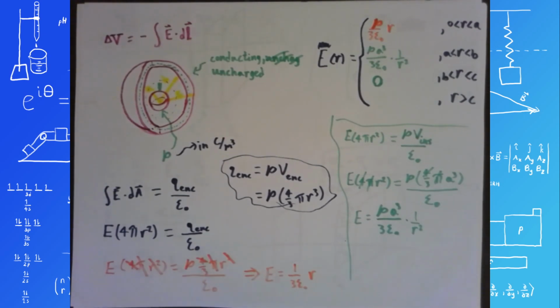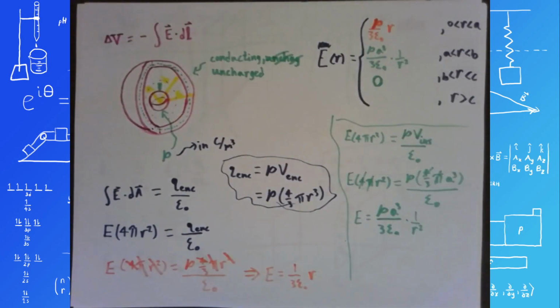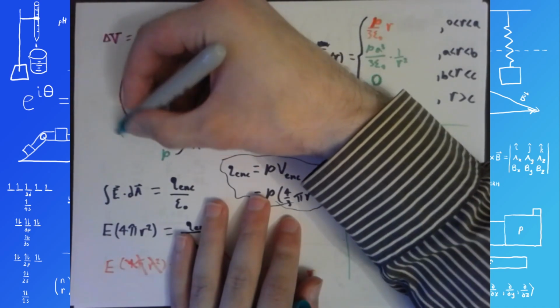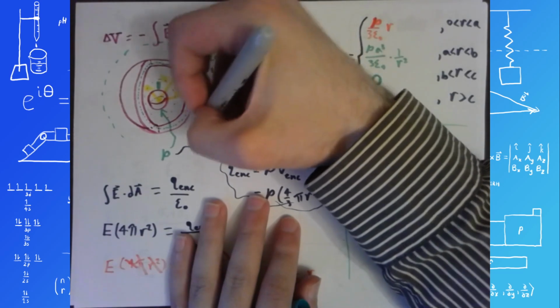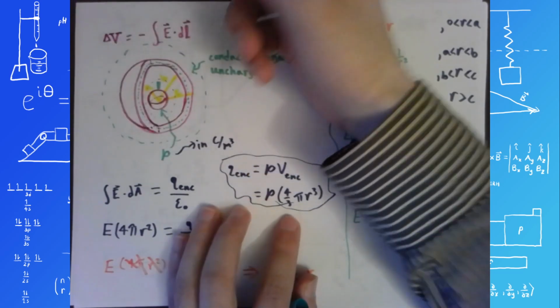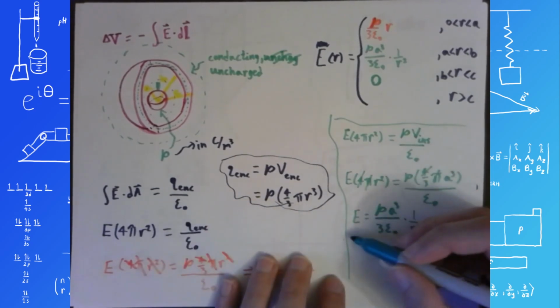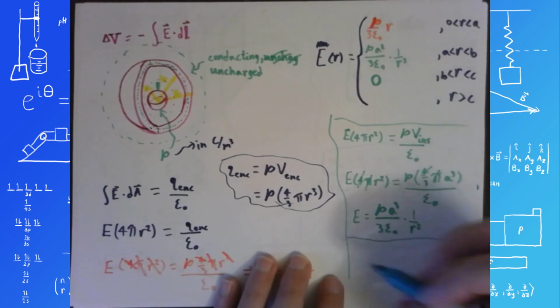And then finally, if we look outside of the conductor, if I draw a Gaussian sphere that surrounds the whole entire setup, then Gauss's law gives us E times 4 pi r squared for the left-hand side.